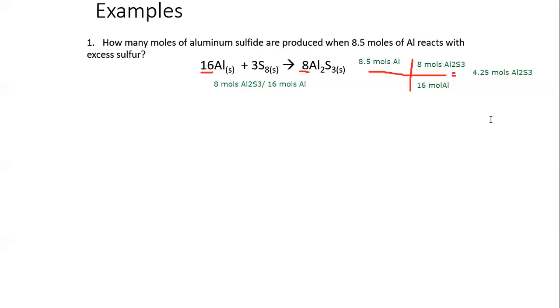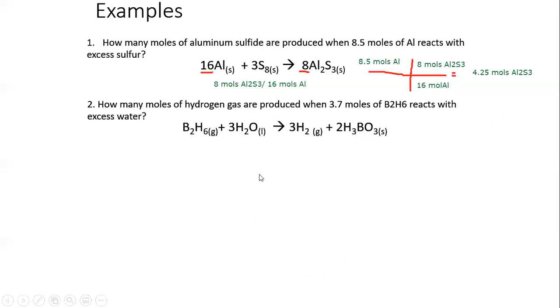Look at another example. So here we want to know how many moles of hydrogen gas are produced when 3.7 moles of B2H6 reacts with excess water. So again, when you see the word excess, that means don't worry about that particular reactant. So we don't have to worry about water. We just have to worry about B2H6.